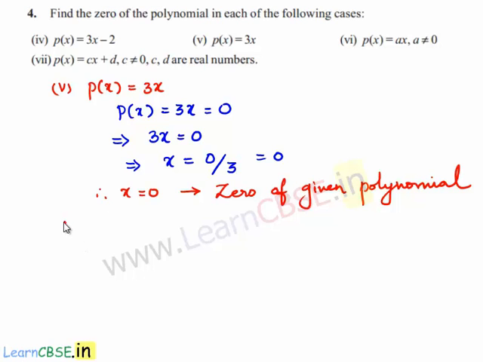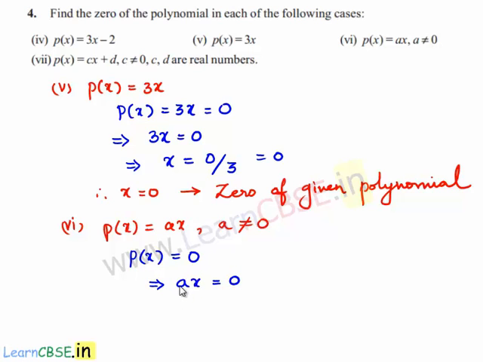Now let us see the sixth bit, which is given as p of x is equal to ax provided a not equal to 0. So a is a number which is not equal to 0. So let us first equate p of x is equal to 0, which gives a times x is equal to 0.